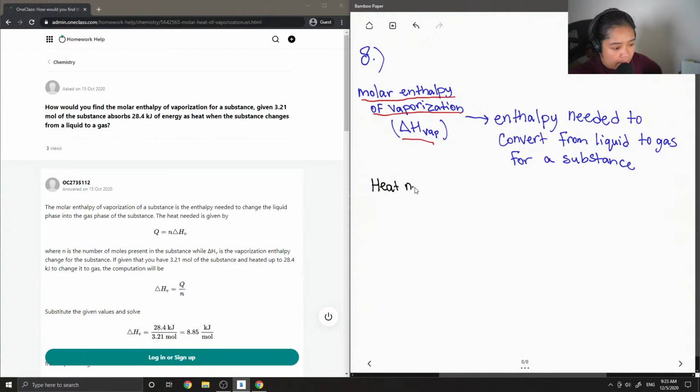So the heat needed for this reaction can be expressed using an equation where Q is equal to n times delta H vap. Like I mentioned earlier, Q is for the heat and n is for the number of moles of the substance.